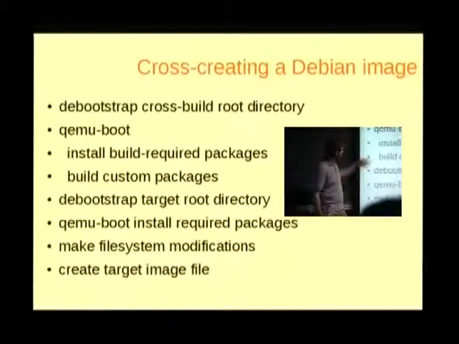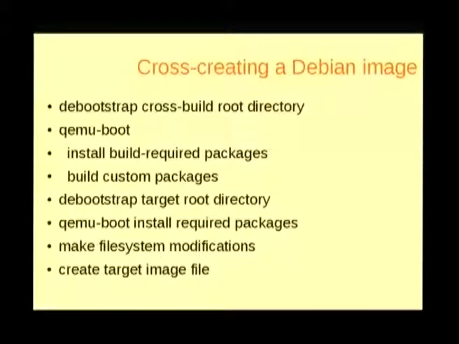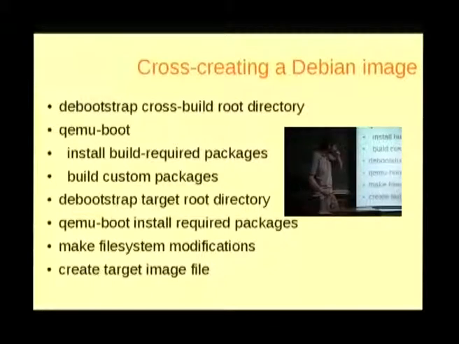And then in the QEMU environment, there you install the build required packages, you build custom packages, and then you have your custom package. So then you can debootstrap your target root directory, and then use QEMU chroot to install the required packages with the cross-compiled apt-get.